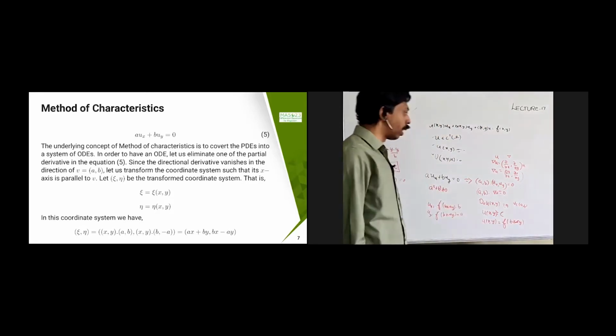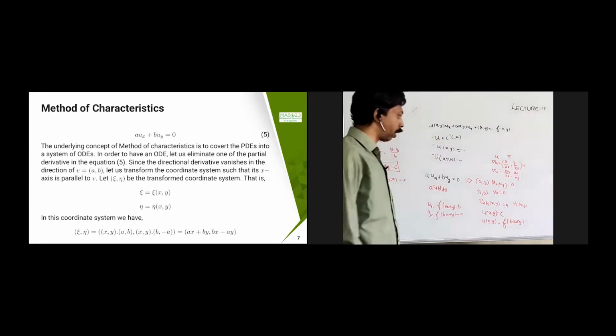This is not only for first order linear PDEs, we can use it for non-linear PDEs or quasi-linear PDEs also. You can use the same concept. If you want more details, you can refer to my PDE lecture notes or some PDE textbooks.